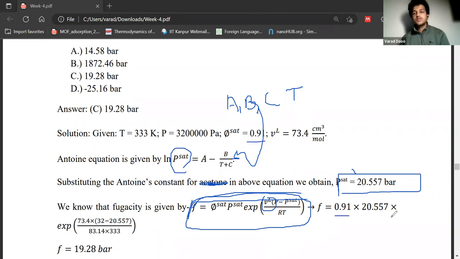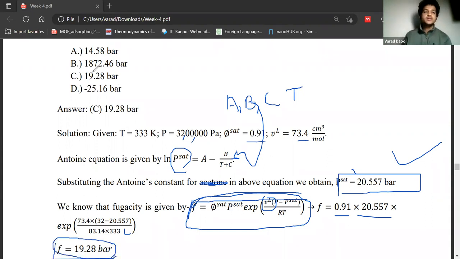P sat we just calculated as 20.577, multiplied by the exponential of VL, which has been given already as 73.4 cubic centimeter per mole. Then total pressure has been given as 32 bar. We just put it in bar, minus 20.577, which is P sat, divided by 83.14 multiplied by temperature. We end up with a fugacity of 19.2 bar. That is nothing but option C, the correct answer.